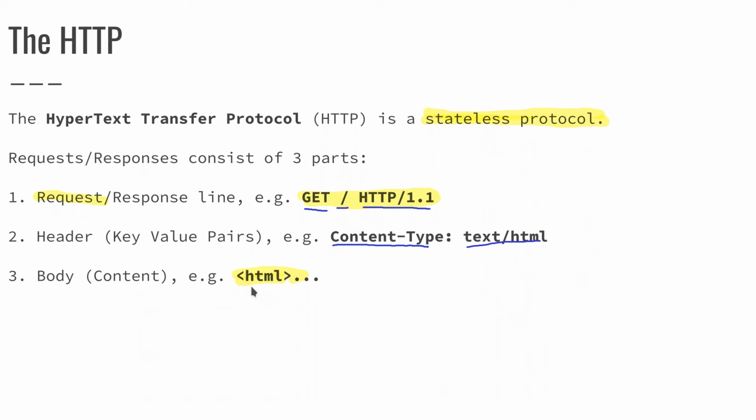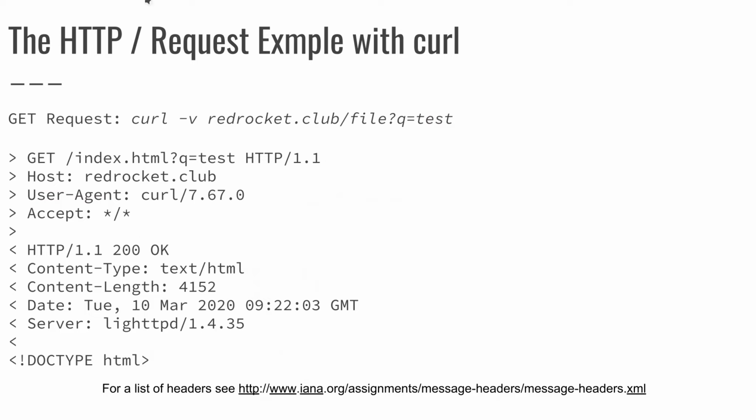So we're going to look at some example requests. I'm using curl here. Curl is a command line utility that you can use to issue HTTP requests. First, we have the request line, which is GET, then the path on the web server, question mark. Afterwards, there come key-value pairs.